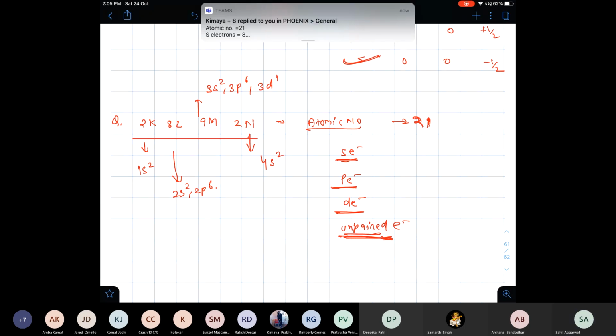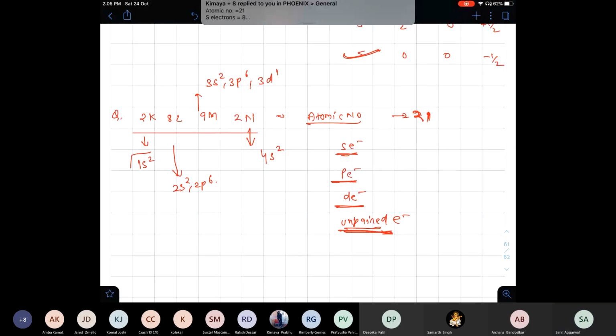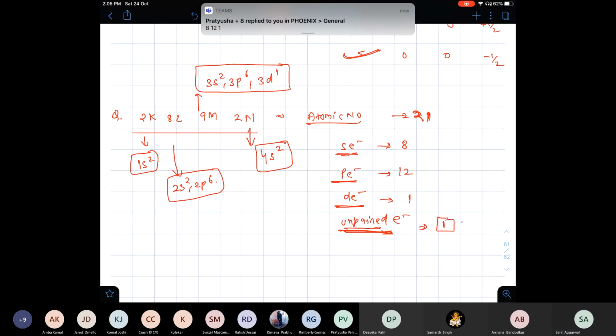Right? 2k means 1s2. 8l means 2s2 2p6. 9m means 3s2 3p6 3d1. 4s2 is 2n. So how many s electrons? 2, 4, 6, 8. 8 s electrons. How many p electrons? 6 and 6, 12. d electron 1. Unpaired electron only in d. That is it.